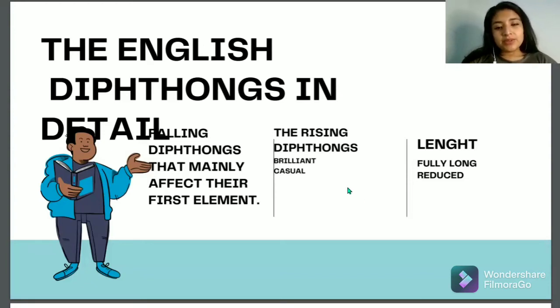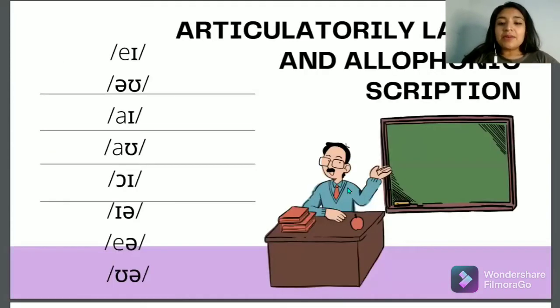And also the rising diphthongs have examples like the sounds I and U, like brilliant, and the length of the diphthongs is long and also relatively long. To continue, I am going to show you the list of the 8 diphthongs with their respective notation in articulatory labels and the allophonic transcription that they have.